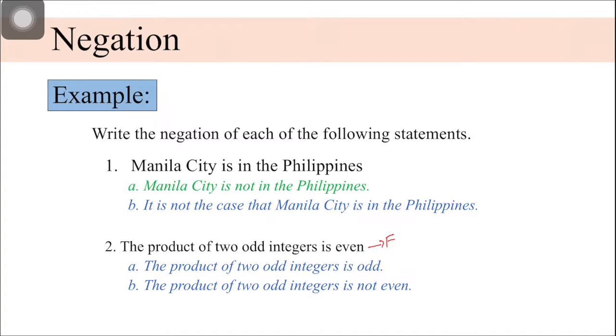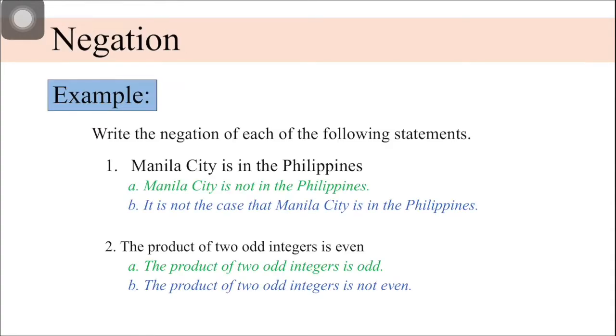So which is true here? So this is the true answer, the negation of the false statement. The product of two odd integers is even is a false statement. So to get the negation of that statement, we need to have a true statement. That's why the answer is letter A. The product of two odd integers is odd.